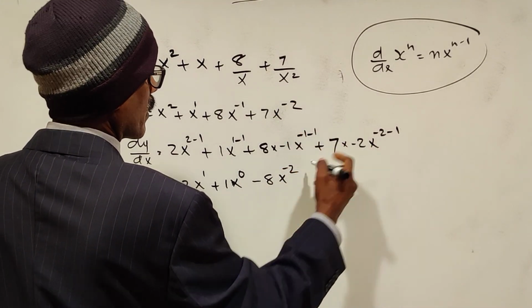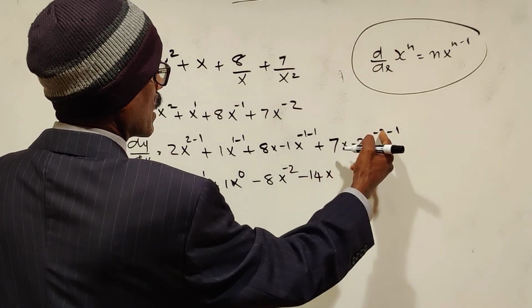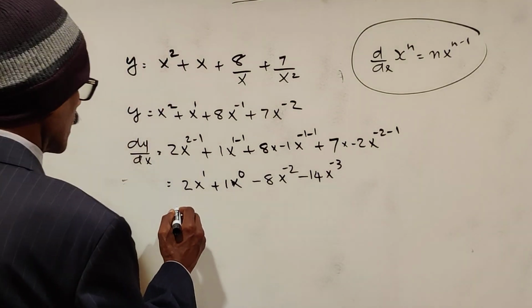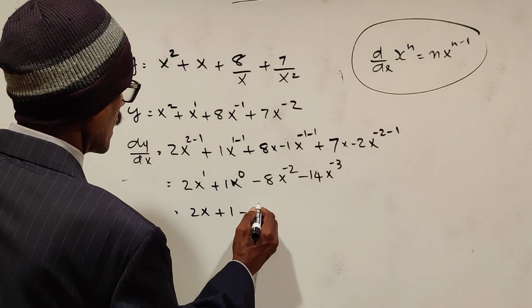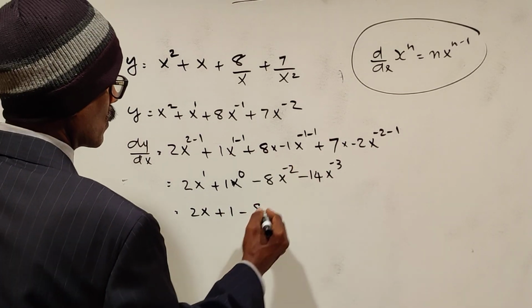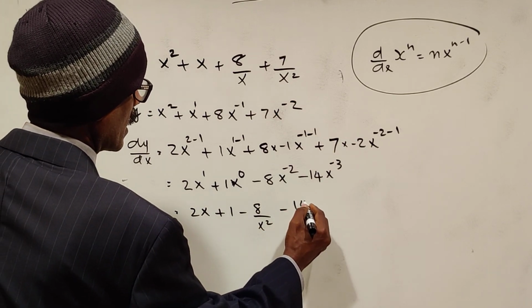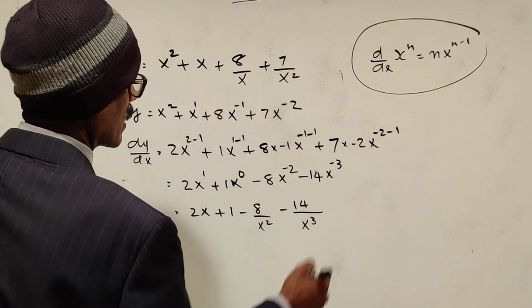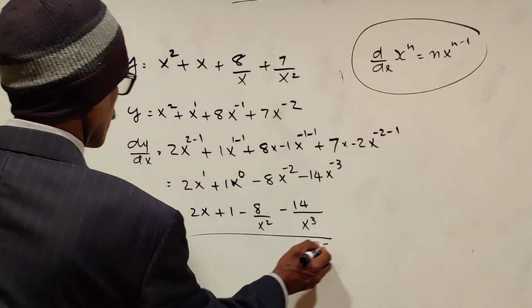What is 7 times minus 2? Minus 14, x to the power minus 2 minus 1 is minus 3. Okay, this is fine. 2x plus 1 minus 8 divided by x to the power 2, minus 14 divided by x to the power 3. You got it? This is the answer. Okay.